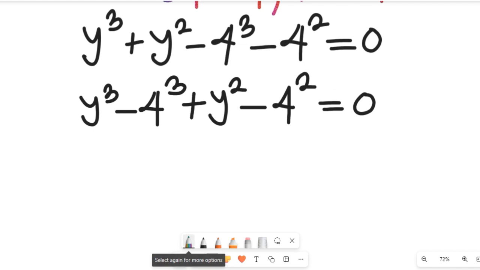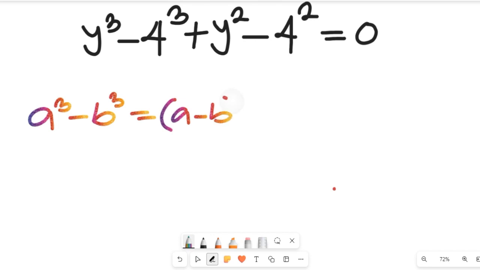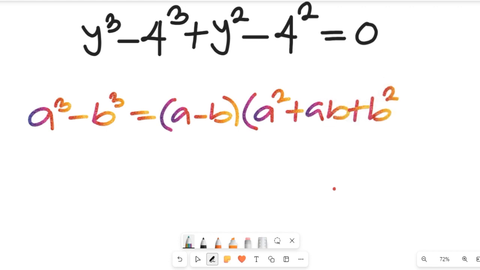Now let's cast our mind back to what we call an algebraic formula. In that algebraic formula, what do we expect? We have a to the power of 3 minus b to the power of 3. This can be equal to a minus b, and this will give us a square plus ab plus b square, right?